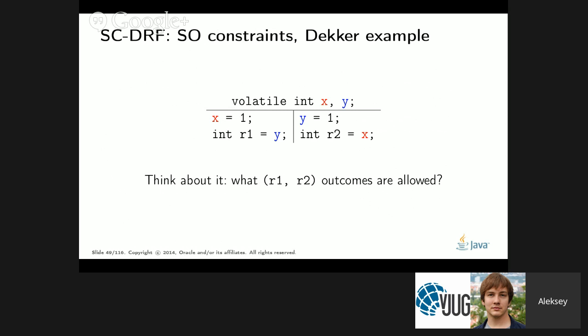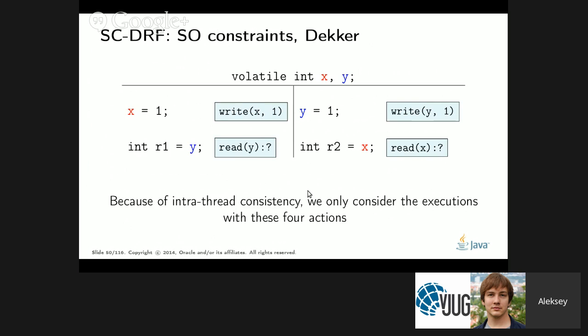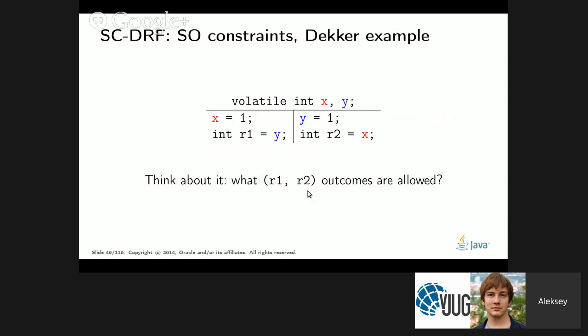Oleg? I really wanted to give this question to Simon, but let's see if I get it. So we do have volatiles, right? And so actions on the volatiles will be synchronization actions. I think we saw that two slides ago, no? Yes.